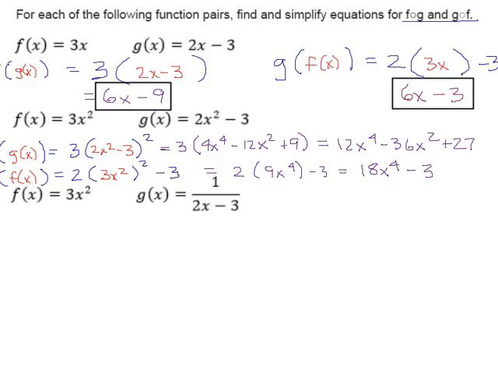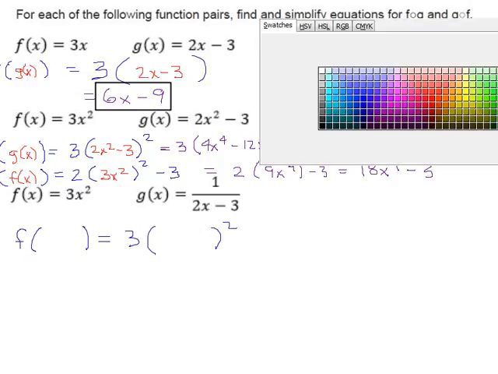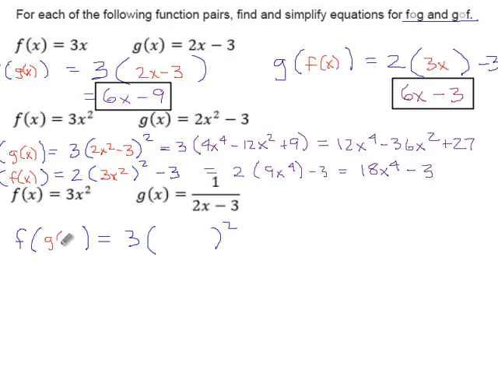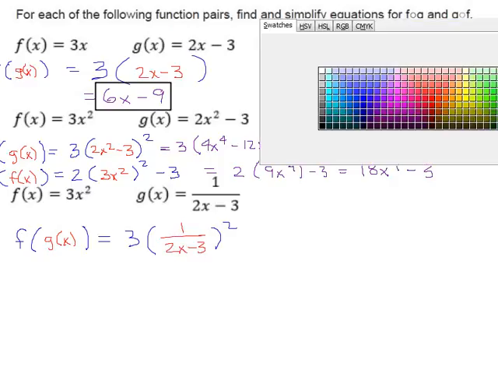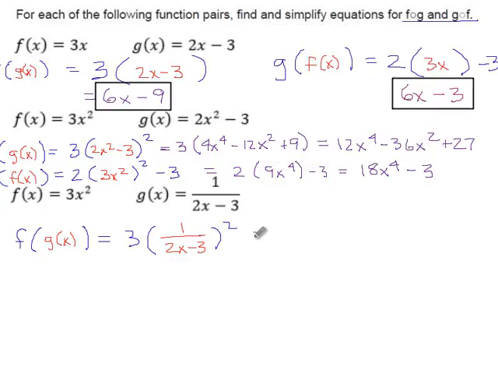One more item, 2 more compositions. If we're doing f of g of x for this last set, function f is 3 times blank squared. And what we're putting into it is function g, which is 1 over 2x minus 3. Now we get to square all that, which is going to mean 3 times 1 squared is 1.